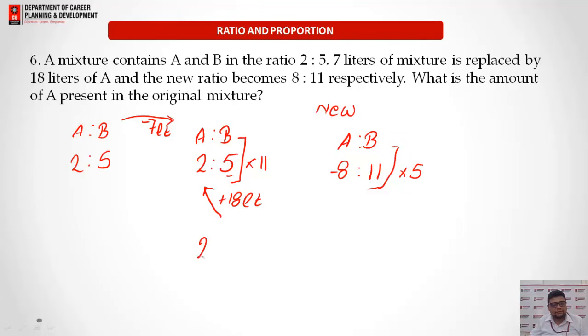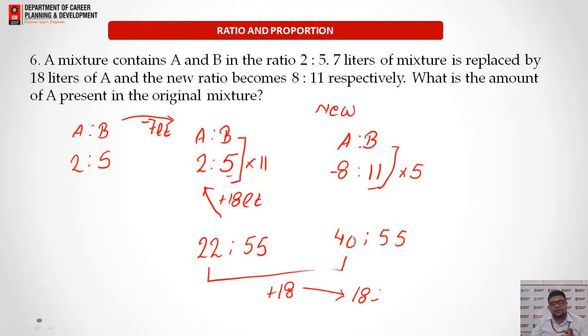So here the ratio will be 22 is to 55 and the new ratio will be 40 is to 55. Now the parts of B are the same and the change in A in the ratio is how much? In the ratio A is increased by 18 parts. So these 18 parts will represent 18 liter which we have added. So multiply this by 1.